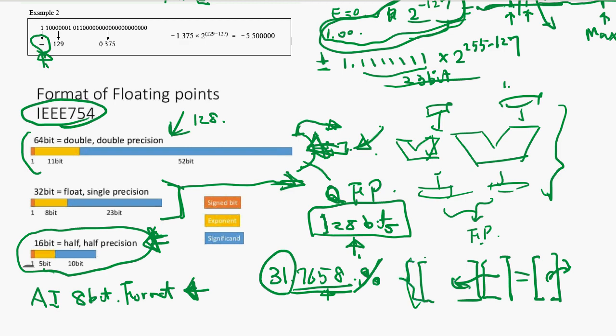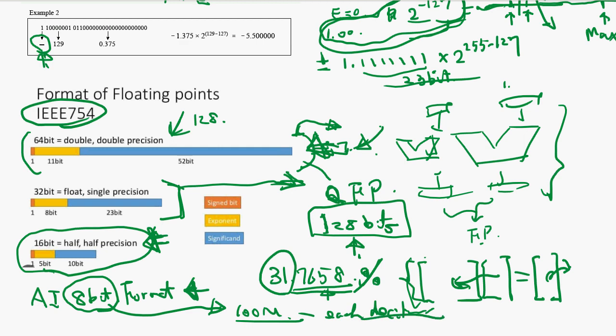Okay, so a lot of calculation, but accuracy is not a question. So use 8-bit, so the calculation can be done very quickly, because you have to do like 100 million calculations for each decision making. So you would rather make it small, simple, and quick to calculate.